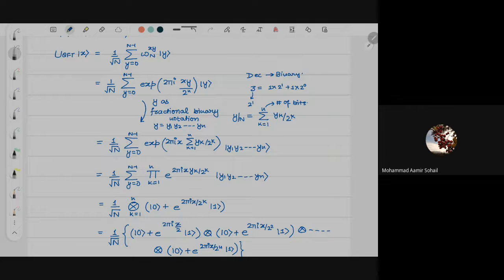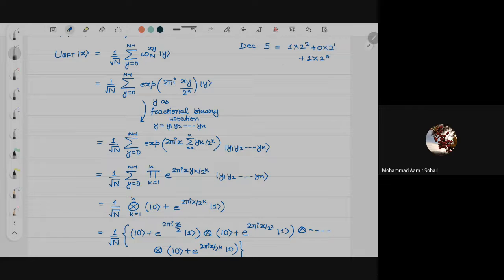So now we will do the binary transformation for this y. Let's recall that if we have some decimal number, let's say 5, we can write this one as 1 into 2 raised to 2, plus 0 into 2 raised to 1, plus 1 into 2 raised to 0.